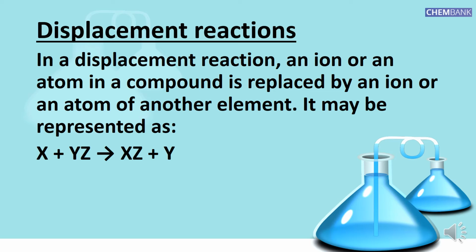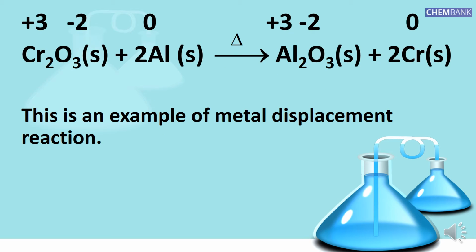Next, we will discuss displacement reactions. In a displacement reaction, an ion or an atom in a compound is replaced by an ion or an atom of another element. It may be represented as X plus YZ gives XZ plus Y. Now see this metal displacement reaction.